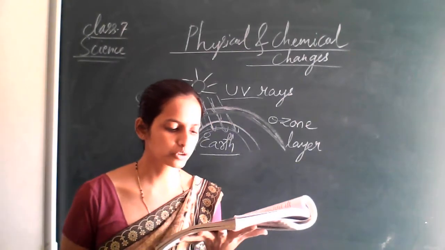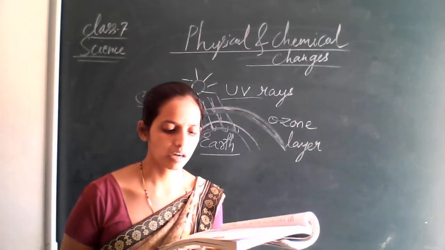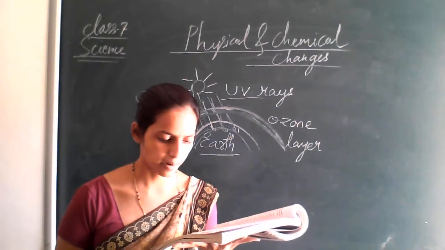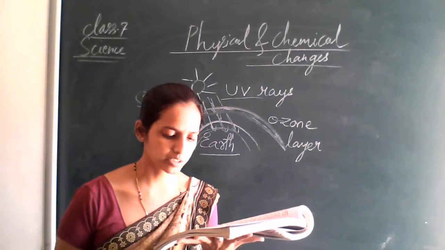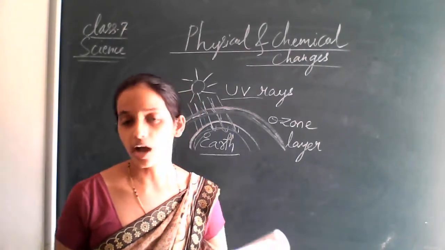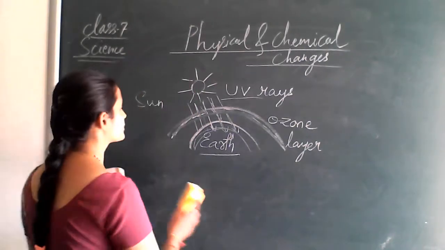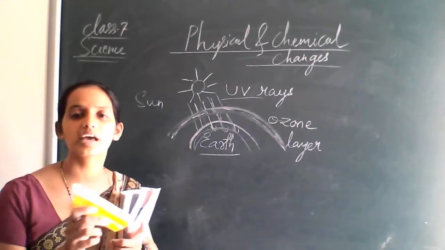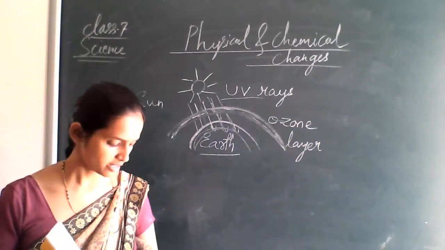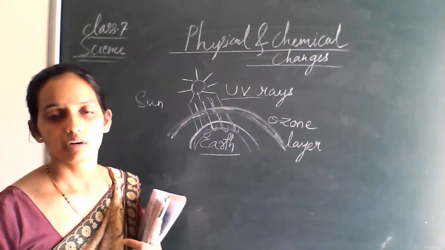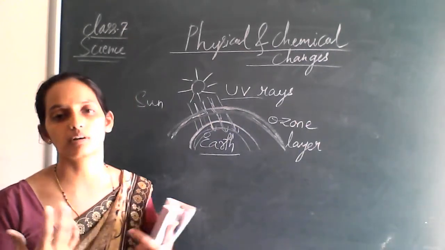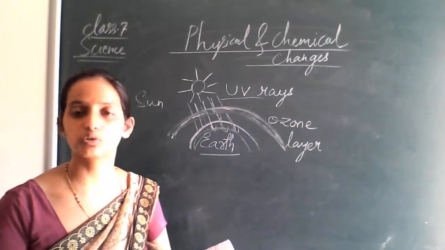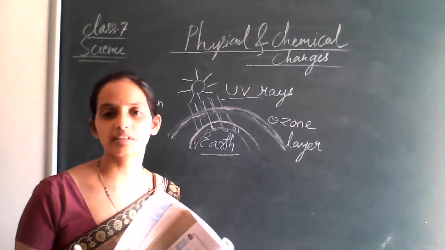Since iron is used in making bridges, ships, car and truck bodies and many other articles, the monetary loss due to rusting is huge. So iron materials get damaged because of rusting.